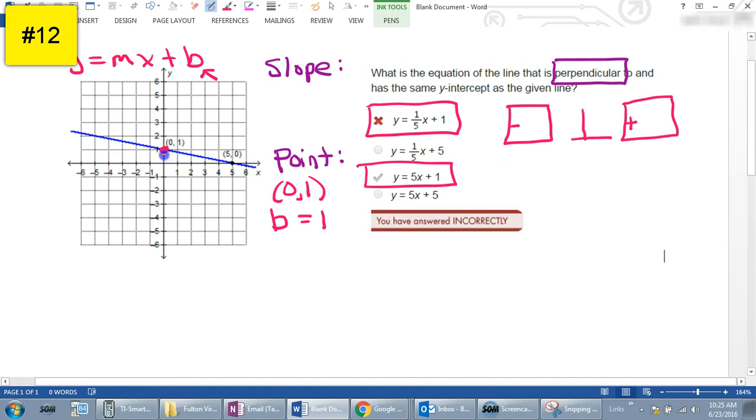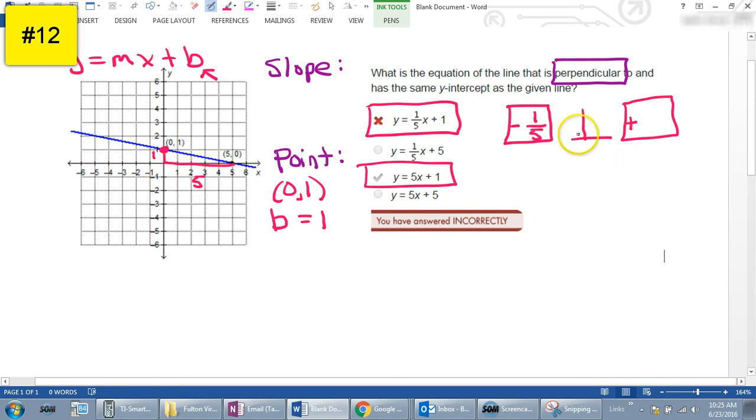So as I go from left to right, I'm thinking rise and run. It's going down 1 and over 5. 1 and 5. That's the rise and the run. Vertical over horizontal. So that makes this slope negative, of course, 1/5.